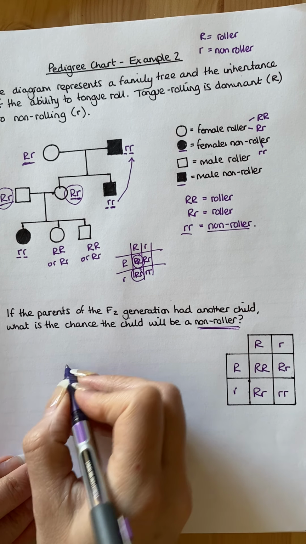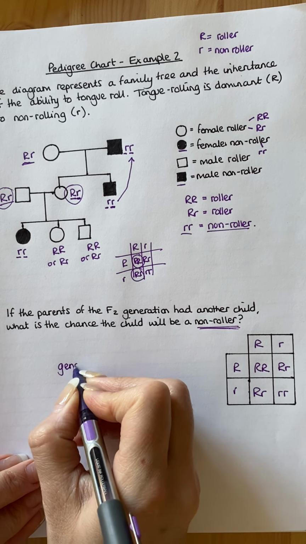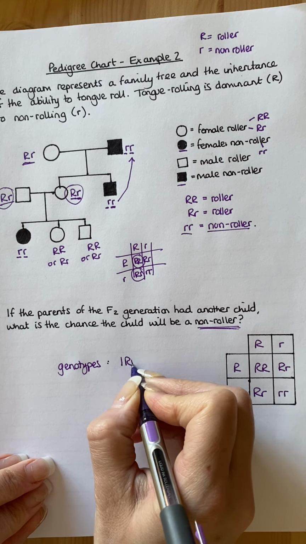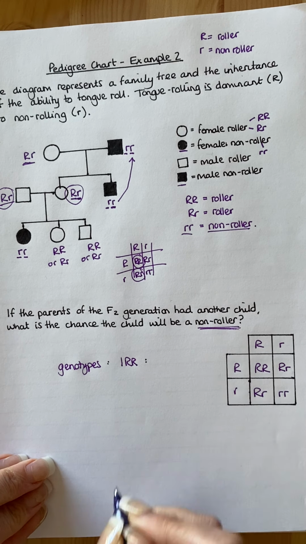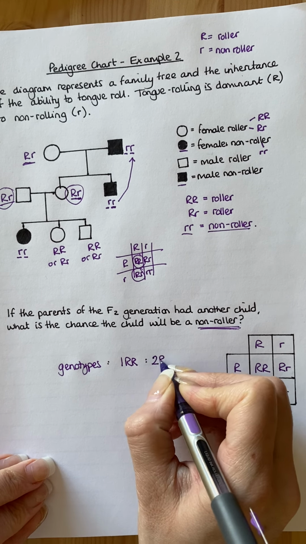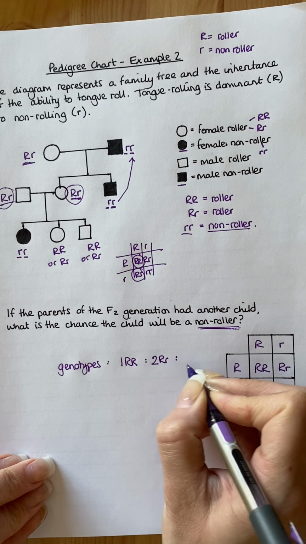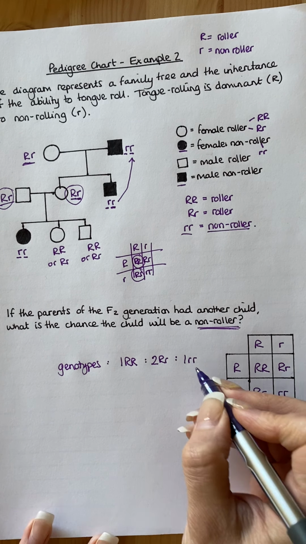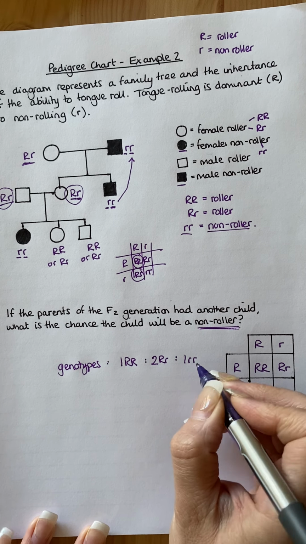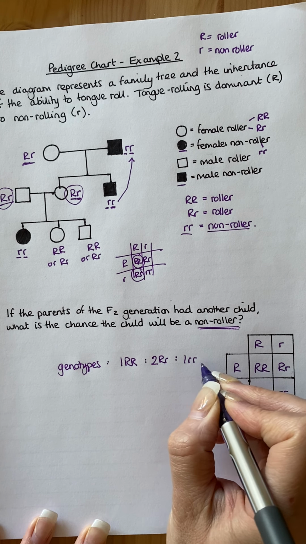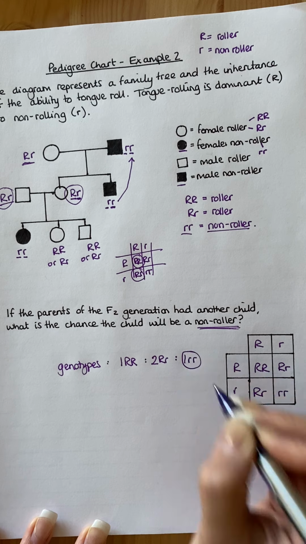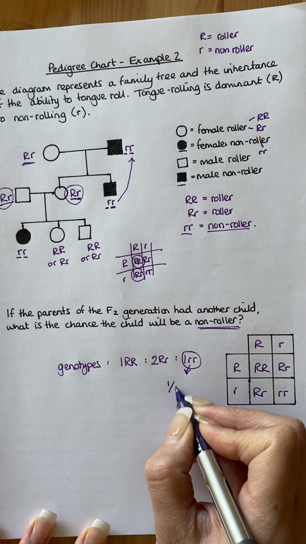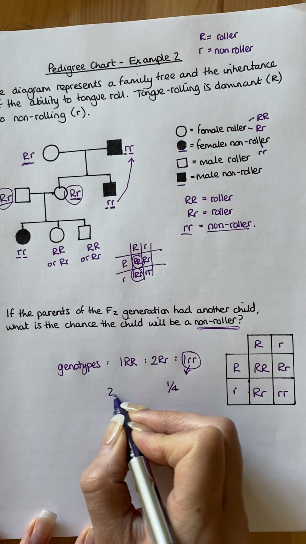Our genotypes are 1 capital R, capital R, 2 heterozygous, and 1 with two lowercase r's. So out of those 4 potential children, only one would be a non-roller. So 1 out of 4, or a 25% chance.